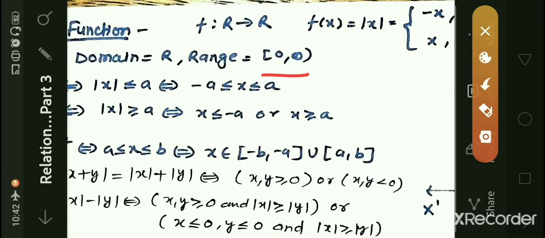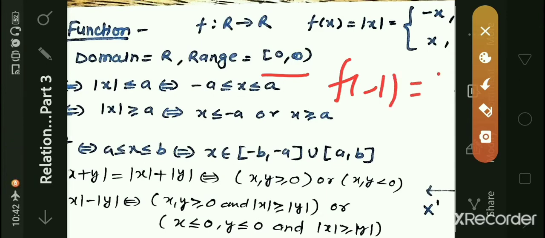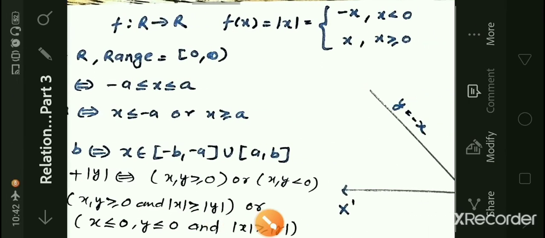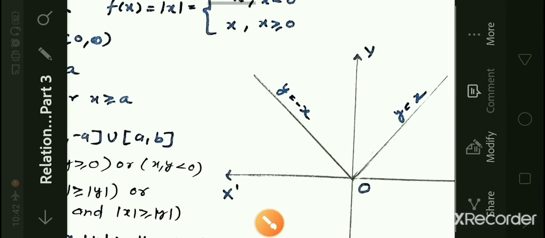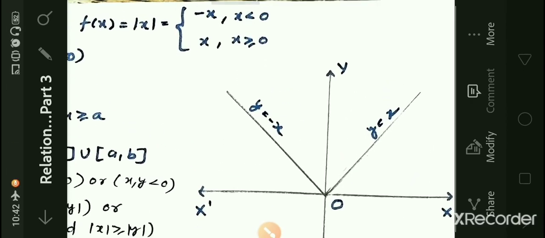Now, range cannot be negative, because if you put f(-1), then we shall get |-1| = 1. So you will always get positive numbers, and the least number in the range will be 0. Now look at the graph of this function. To plot the graph, we take two functions here.